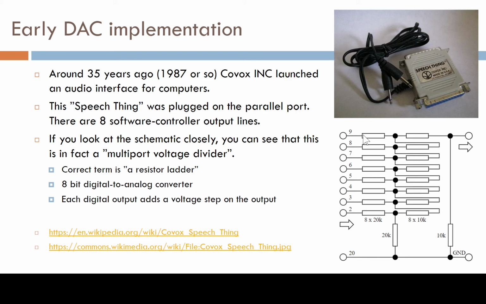Then you have a similar thing for the next bit, but with 2 resistors, set so that you get half of the current from this bit, and again half of that current on the next one.